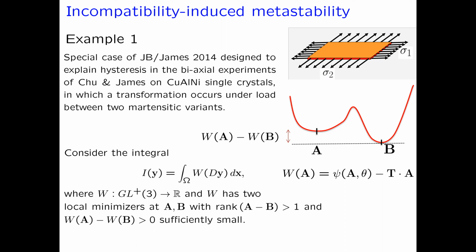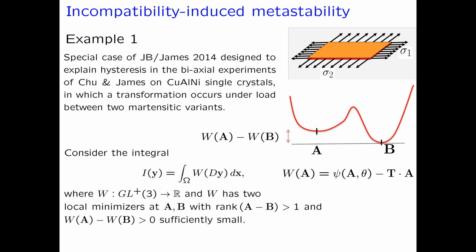So W(A) turns out to be of the form C of A minus T dot A, and T is a matrix which involves this sigma 1 and sigma 2. And so you lose rotational invariance. That's why you can have here just single matrices that are minimizers rather than copies of SO(3) that are minimizers. Okay, but now it turns out when you do the calculations that the rank of A minus B is strictly bigger than 1. So you can't make a rank 1 connection between A and B.